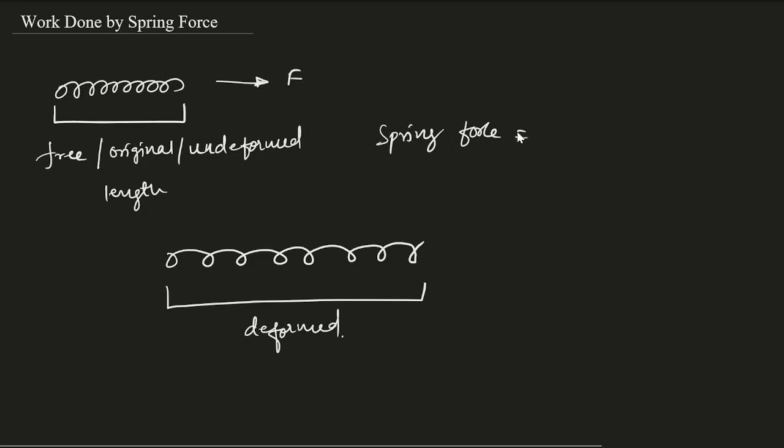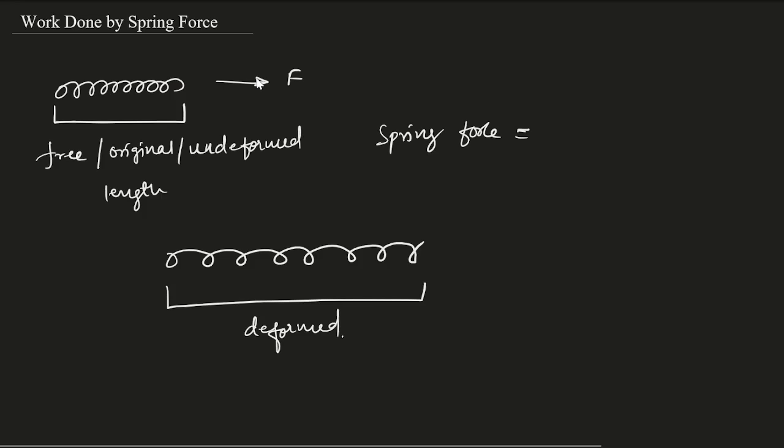Whenever you have an undeformed length of the spring, at the initial condition you require a lot of force to deform that spring. After a certain distance, again you will require less amount of force. That means the force applied at the initial and after some distance has been decreasing.